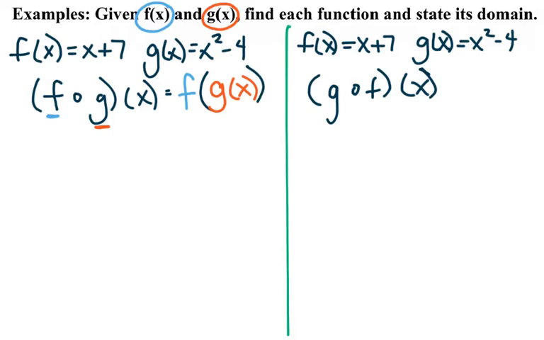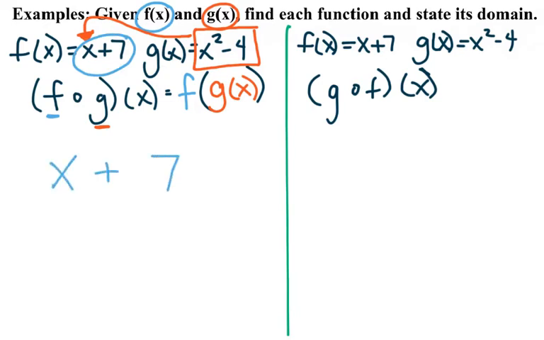So literally what I'm doing is I'm taking the g of x function and I'm writing it inside the f of x function. So I'm replacing the x in the f of x function with the stuff I just got for the g of x function. Alright, so f of x was x plus 7. But what I'm doing is I'm taking the g of x function and I'm replacing that x right here with g of x.